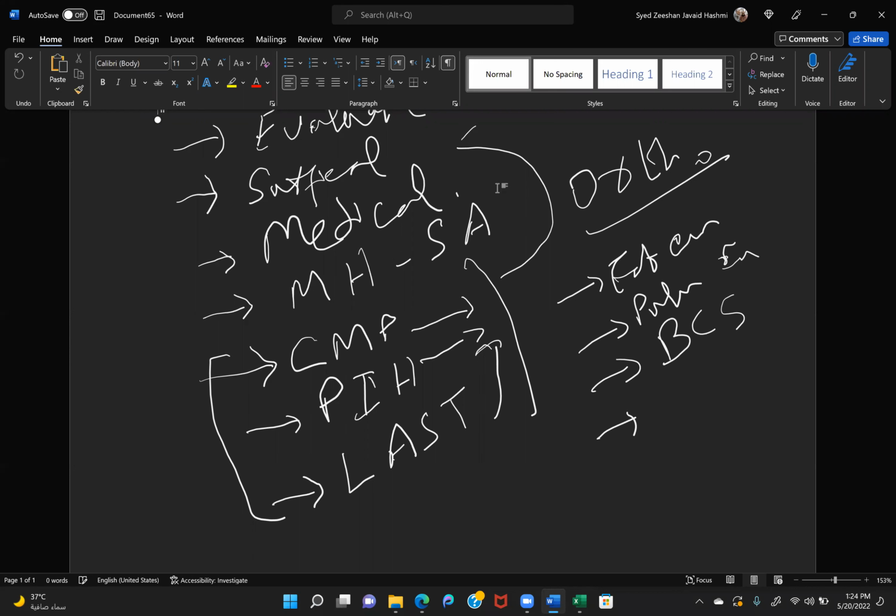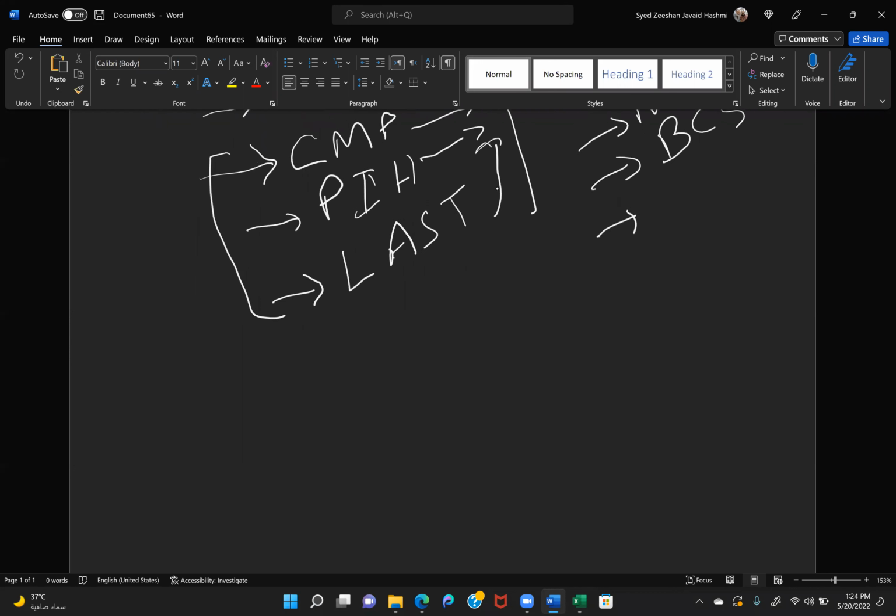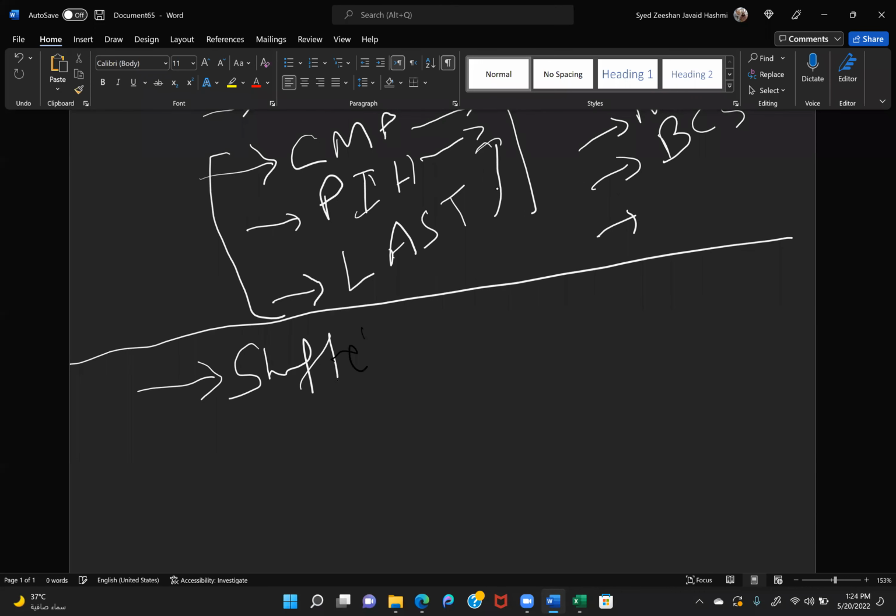So the first thing will be why the patient was shifted to ICU. This is the basic first thing you will be thinking. Then you will be looking at the systemic evaluation.